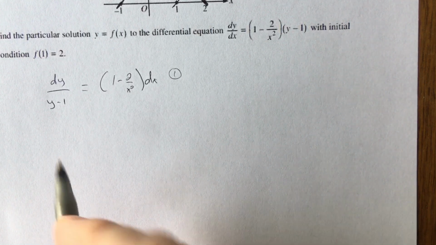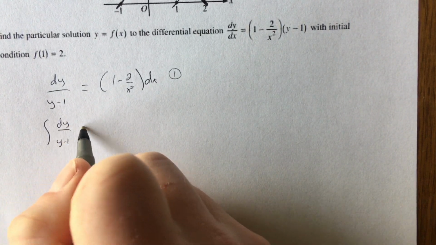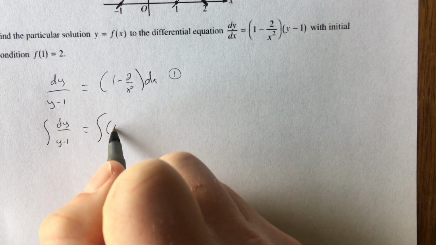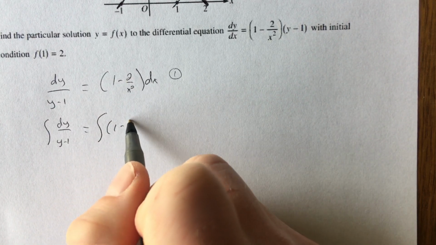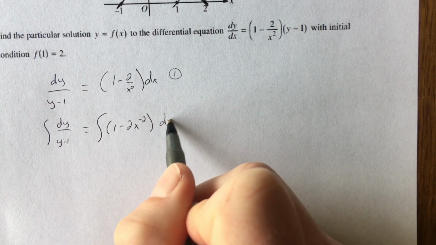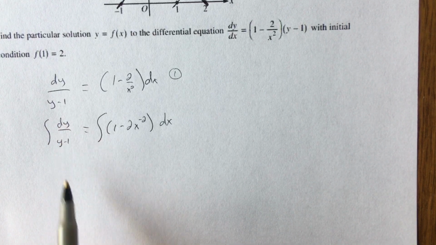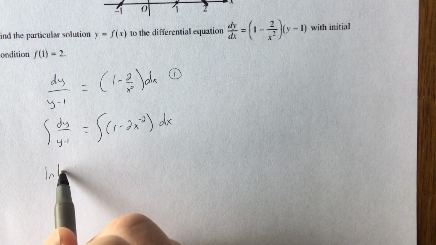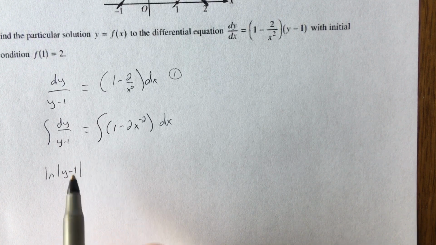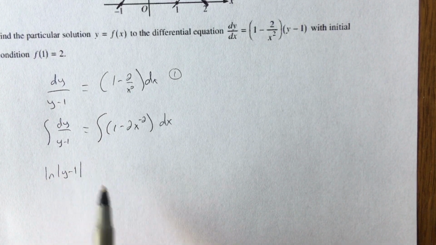Then we're going to integrate. So the integral of dy over y minus 1 equals, and I'm going to go ahead and rewrite this as 1 minus 2x to the negative 2, so I can do the power rule on that in a second. This right here should go to natural log of absolute value of y minus 1, because the derivative of y minus 1 is dy, so it goes right to there.